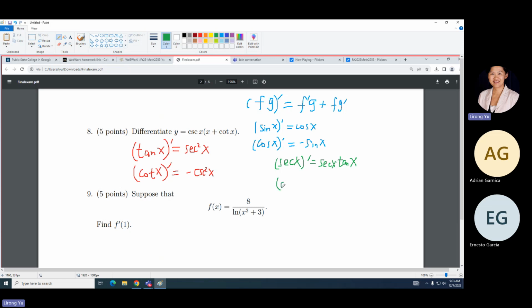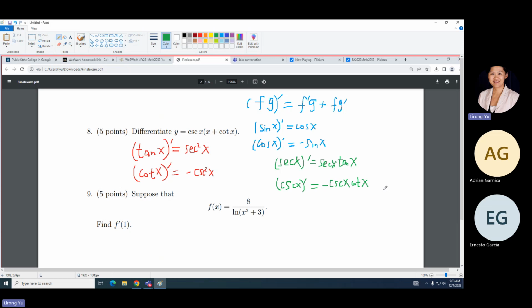And then the derivative of cosecant, because it's a cofunction, is negative cosecant x times cotangent of x. So these are all the derivatives for the trig functions. And you can see the cosecant and cotangent will be necessary as you're trying to finish up this question. These are related formulas to this question. Of course, we don't need all of them, but it would be useful to have them all correct.